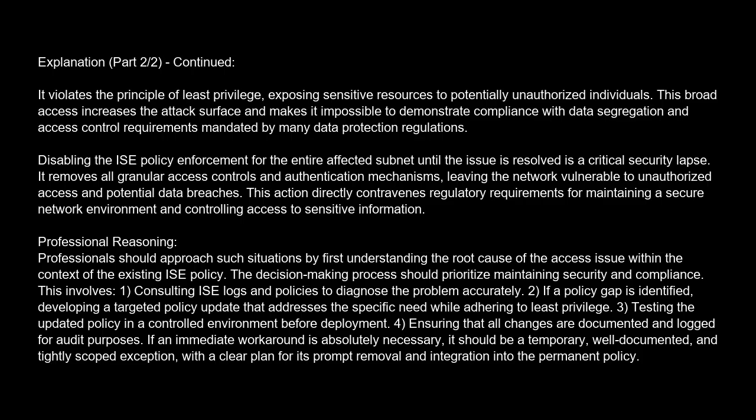If a policy gap is identified, developing a targeted policy update that addresses the specific need while adhering to least privilege. 3. Testing the updated policy in a controlled environment before deployment. 4. Ensuring that all changes are documented and logged for audit purposes. If an immediate workaround is absolutely necessary, it should be a temporary, well-documented, and tightly scoped exception, with a clear plan for its prompt removal and integration into the permanent policy.